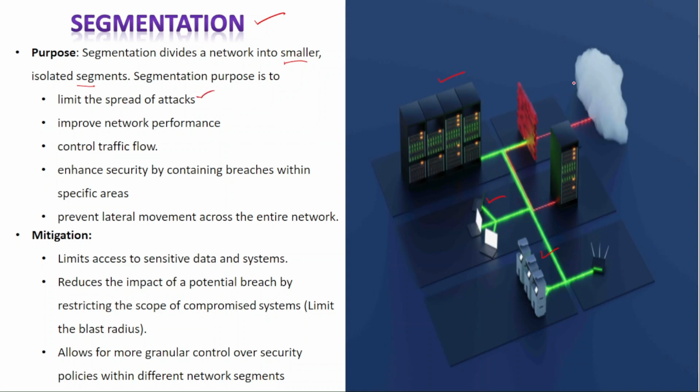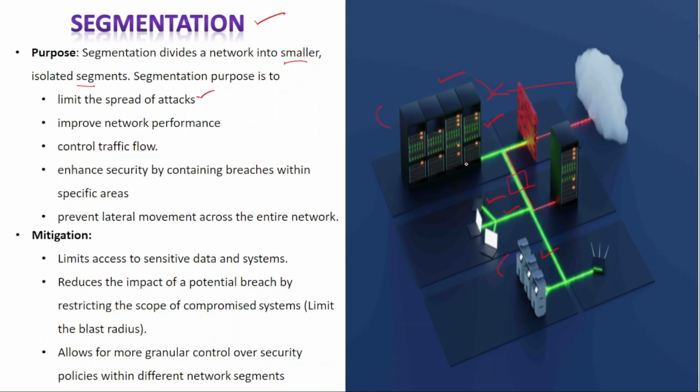Even if one part of your network is compromised, let's suppose these servers are compromised, the attack will be limited only to this segment, and the other segments will still be secure and protected because they are isolated and protected by this firewall, or maybe we have another firewall over here.